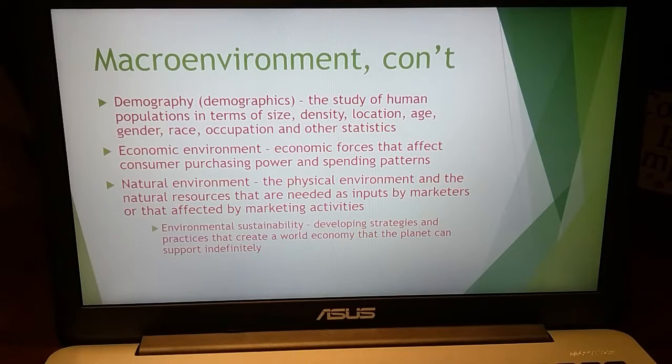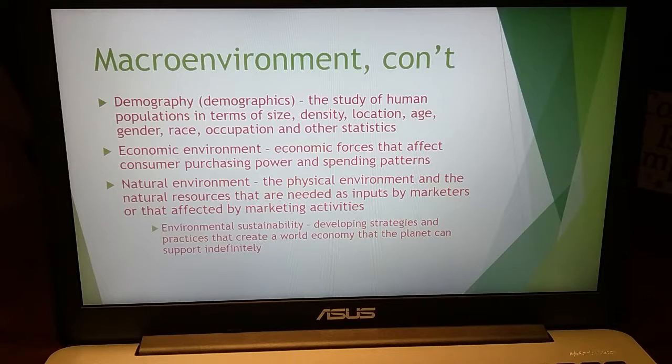Because if you have an aging population with baby boomers, then you're going to be looking for different products, home health care or retirement or that kind of thing. Okay, economic environment, inflation rates, increasing prices, interest rates, all these kinds of things.